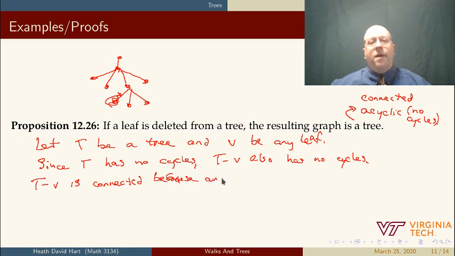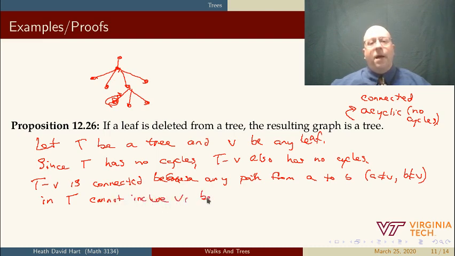Because any path from A to B, where A doesn't equal V and B doesn't equal V, in T cannot include V because V has degree 1.